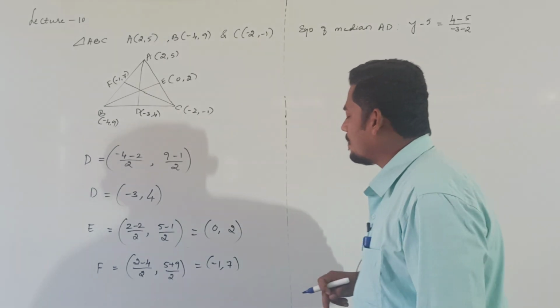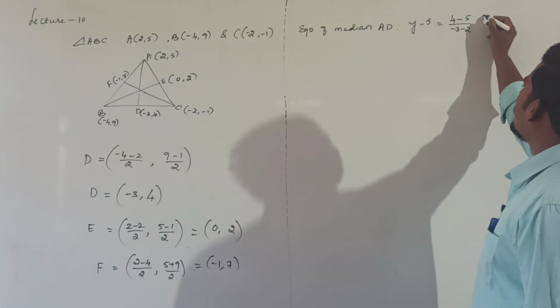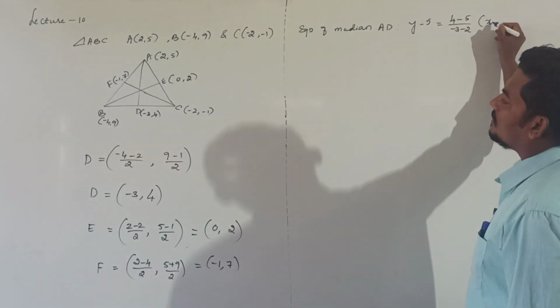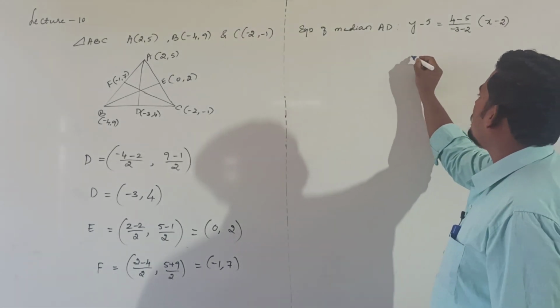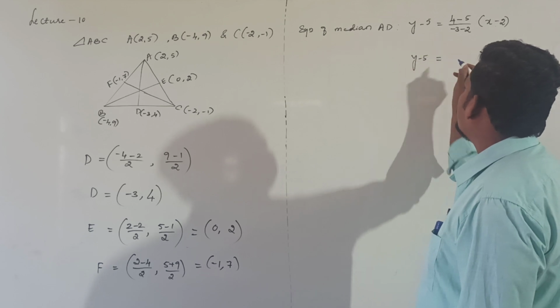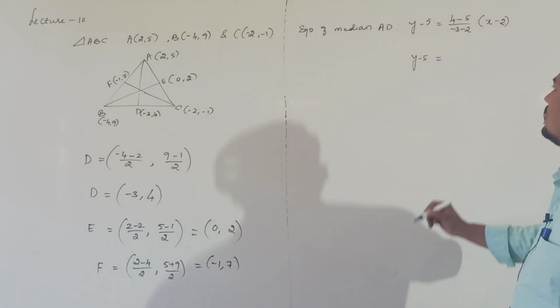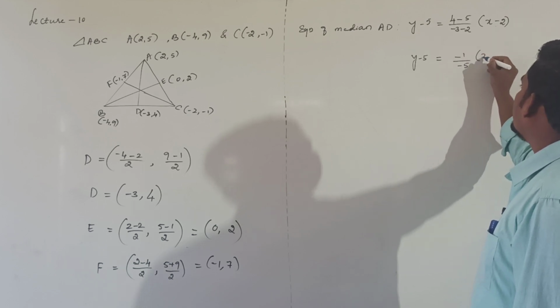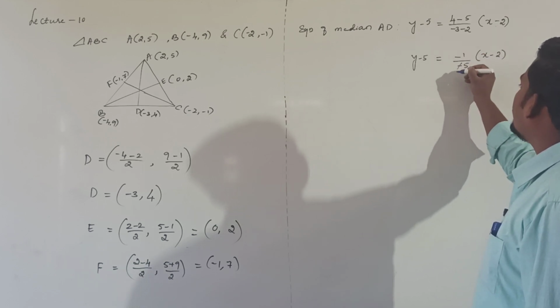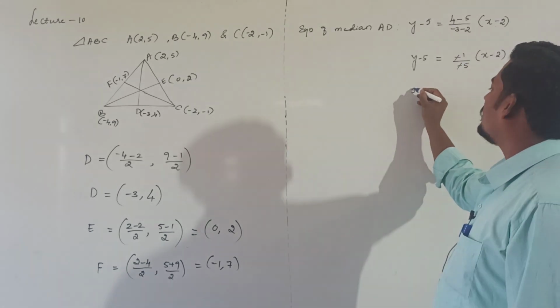Minus 3, minus 2, right? Into x minus x1. What is the x1 value? That is 2. Then just simplify. y minus 5 is equal to minus 1 divided by minus 5, right, into x minus 2. After that the negative sign will get cancelled, then cross multiply.